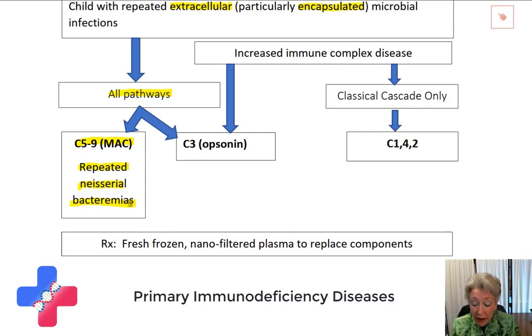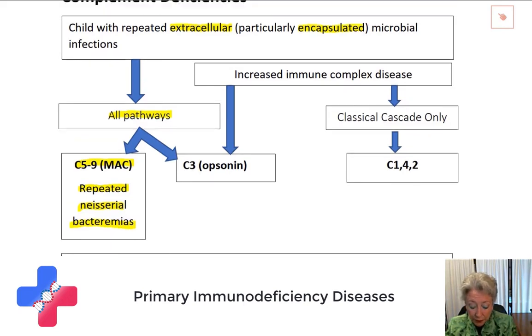But when I have a patient who's unable to make the membrane attack component, what happens is that they will present with repeated Neisserial bacteremias. Now remember that when I have the need to remove immune complexes from my system, that is normally taken care of by my spleen.